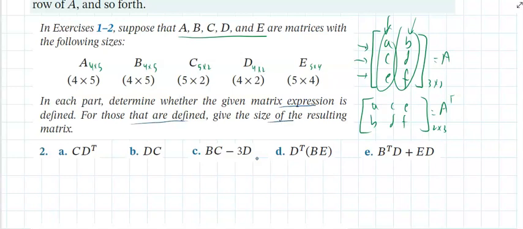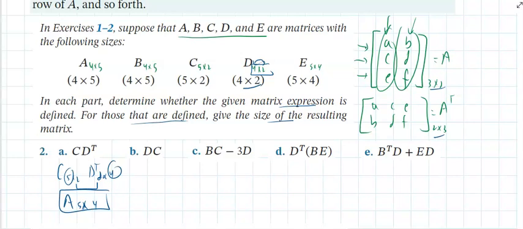Well, what's C? C is a 5 by 2. Now, if D is 4 by 2, D transpose is where they interchange the rows with the columns. As you see, this was 3 by 2, it became 2 by 3. Since this is 4 by 2, it's going to become 2 by 4. And since the inners match, that is possible, and the outcome is a matrix, call it A, that is a 5 by 4.